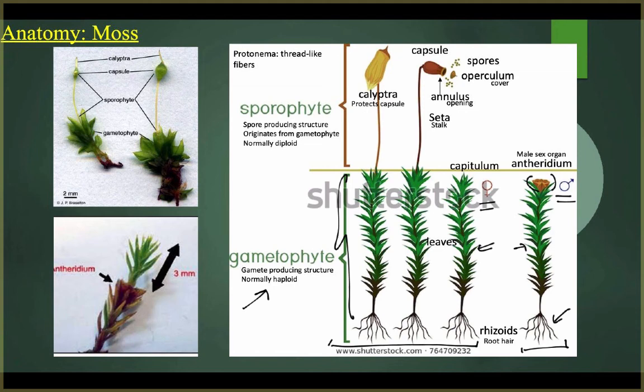And then you have the sporophyte, which you see in the female, and that is the spore-producing structure. It originates, as you can see right here, from the gametophyte. The difference between these 2 is that the sporophytes are typically diploid, which means they're going to have 2N, 2 sets of chromosomes, 1 from each parent. And then the gametophytes are essentially going to be haploid, or 1N, because you're going to have the female DNA or the male DNA.